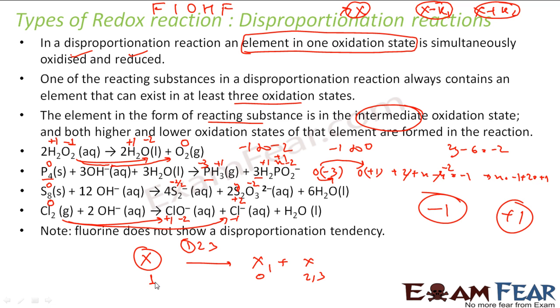If it is 3, then it won't be able to oxidize, because it would have to become 4, which is not possible since the range is only 1, 2 and 3. So it has to be 2. If it is 2, it can become 1, it can become 3, right? So in this case, it got reduced and it got oxidized. It has to have a minimum of 3 oxidation states, and the reacting species should be in the intermediate state.